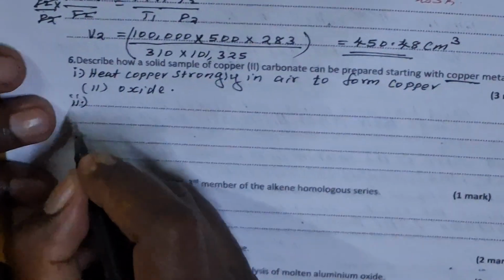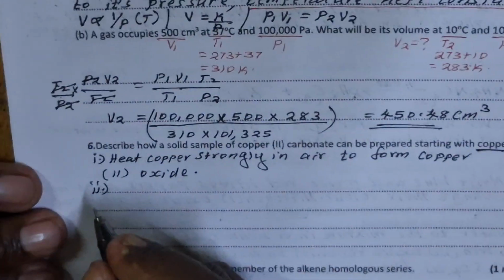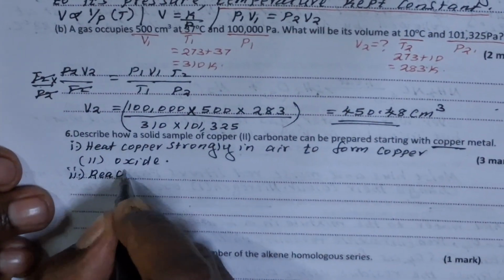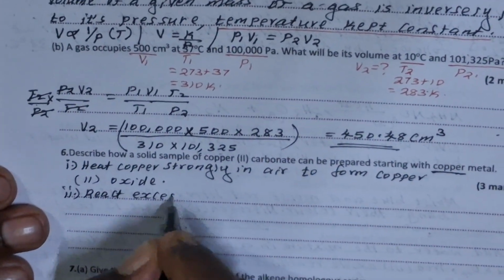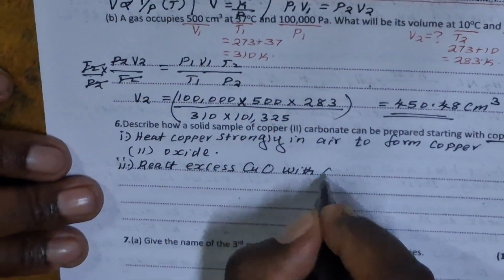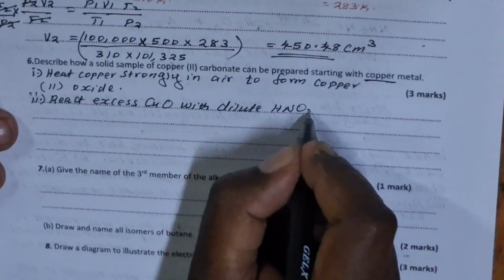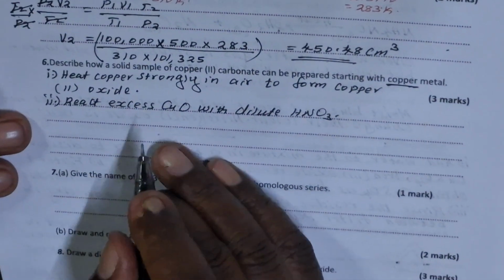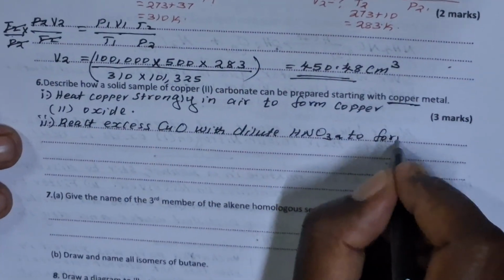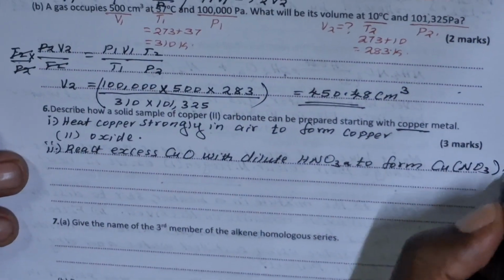Step number 2. We have copper 2 oxide. What do we do to the copper 2 oxide? We react with an acid that will give us a soluble salt of copper. So you can say react excess copper 2 oxide with dilute nitric 5 acid to form copper 2 nitrate solution.